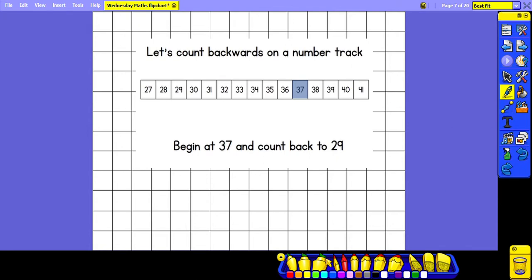Now we're beginning at 37 and counting back to 29. So let's count together then. So 37, 36, 35, 34, 33, 32, 31, 30, 29, and we're going to stop there.